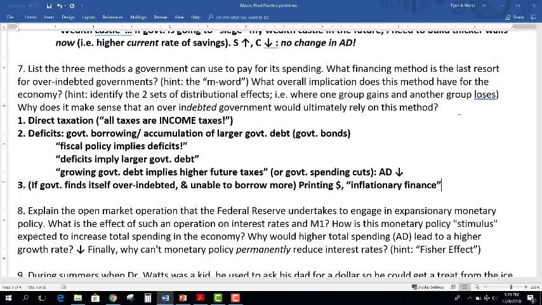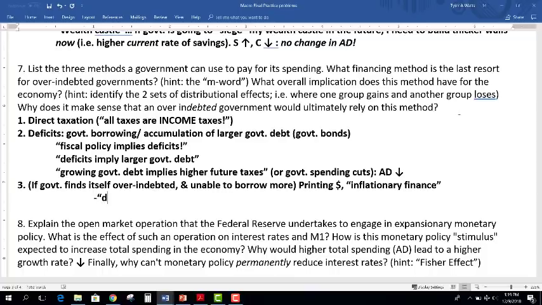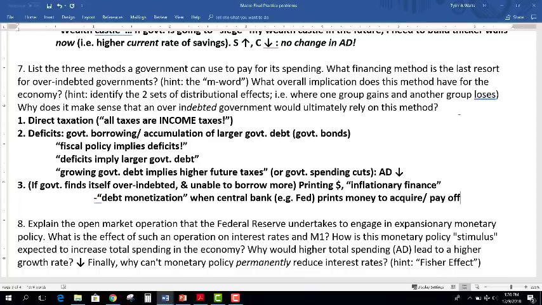Let me go down here. Could take the form of what we call debt monetization. That's when the central bank, for us, that's the Federal Reserve, prints money to acquire or pay off all those government bonds.